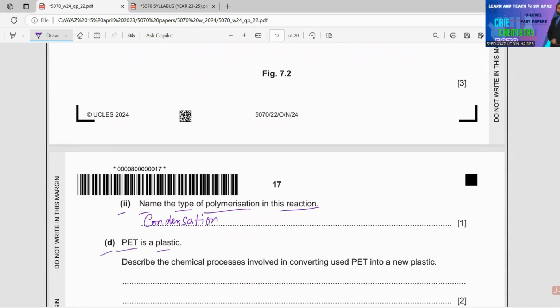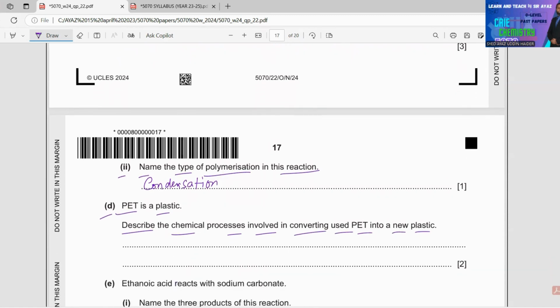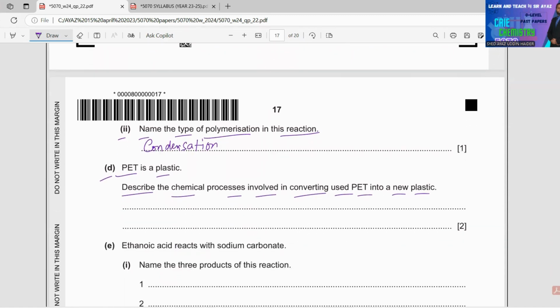D: PET is a plastic. Describe the chemical processes involved in converting used PET into a new plastic. Now we want to convert the used PET into a new plastic. So simply you have to break it down into its monomers. PET broken down into monomers.